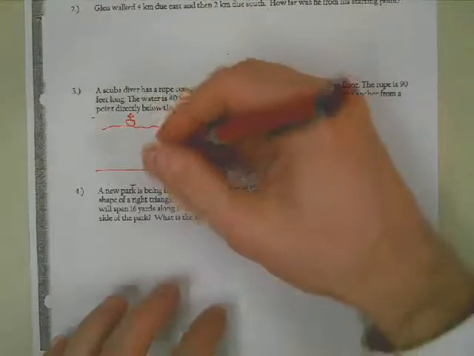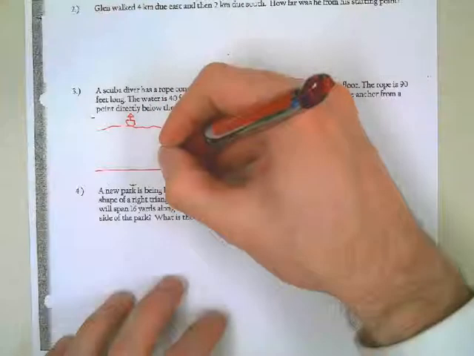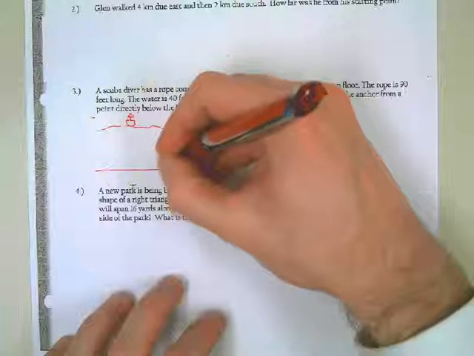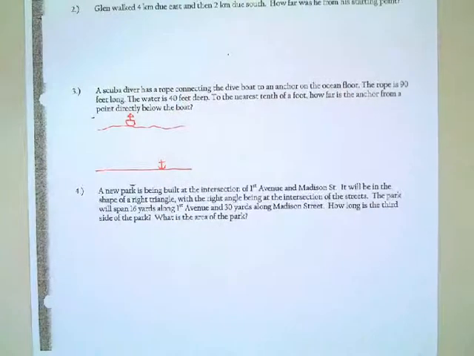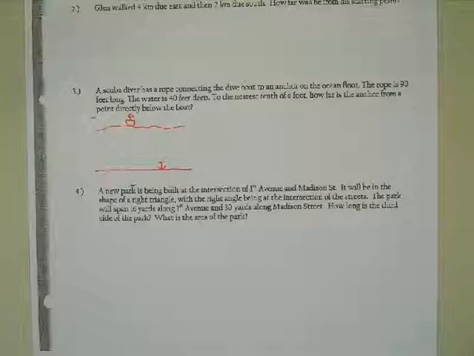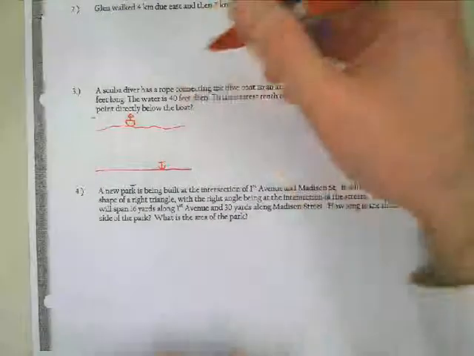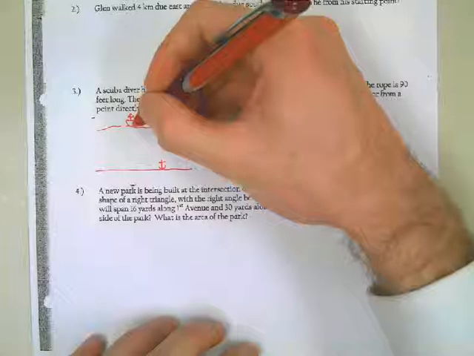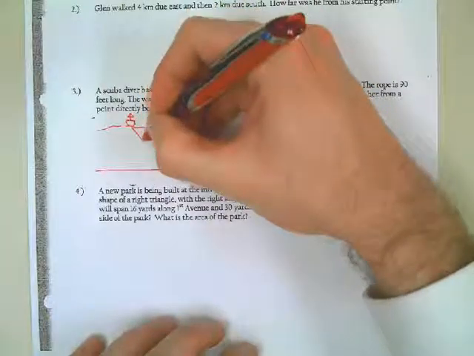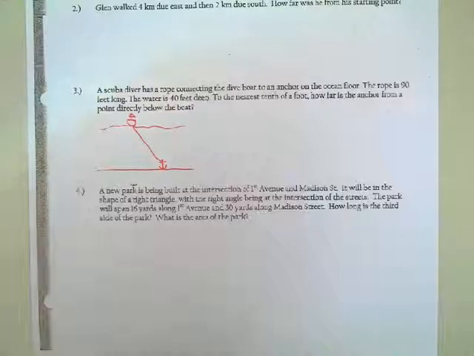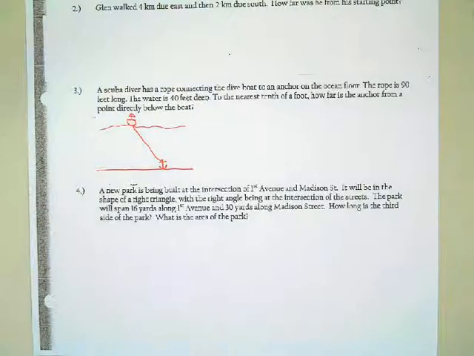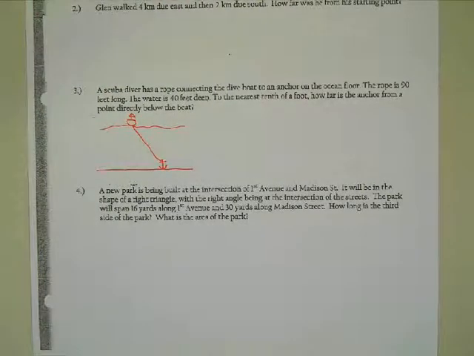There's our anchor. The scuba diver has a rope connecting the dive boat to an anchor on the ocean floor. So there's our rope. It's probably not super tight, but we'll assume it's roughly straight. And that rope is 90 feet long, so we've got the 90 feet right there.